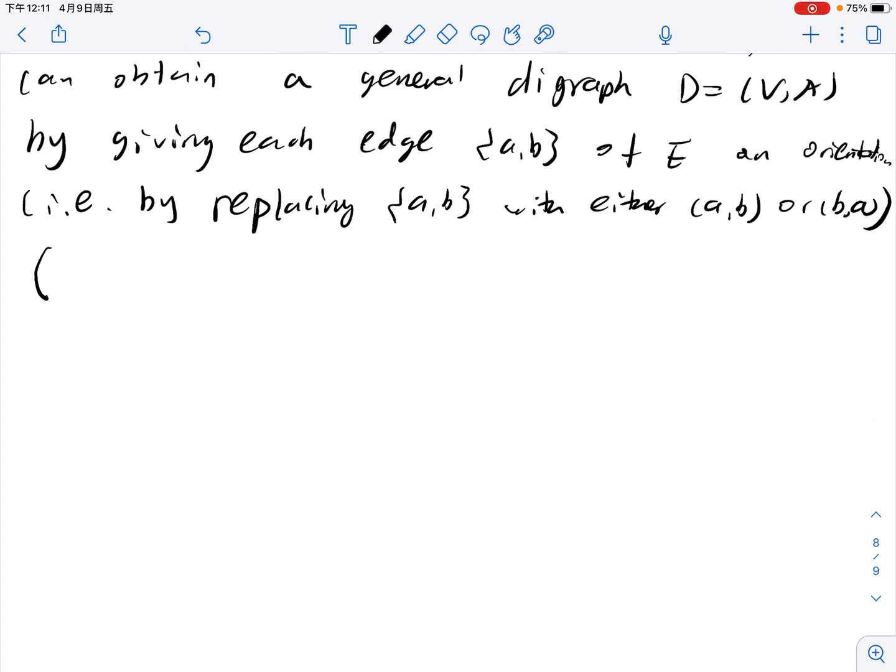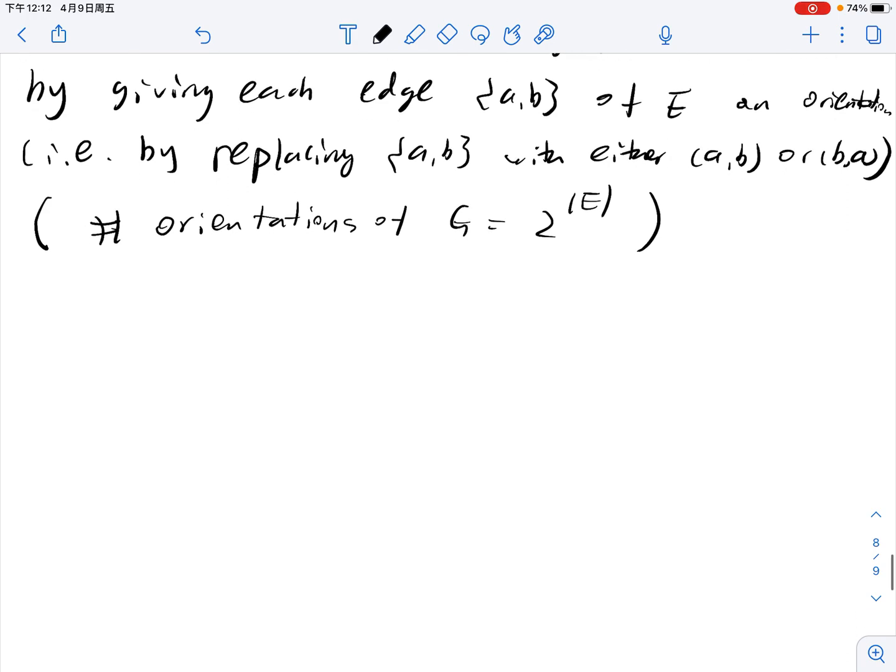And then an interesting property is that the total number of orientations of G is 2 to the power of the cardinality of E. So in other words, for each general graph, you can associate 2 to the power of cardinality of E digraphs.